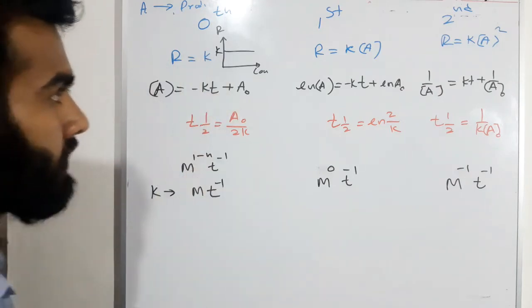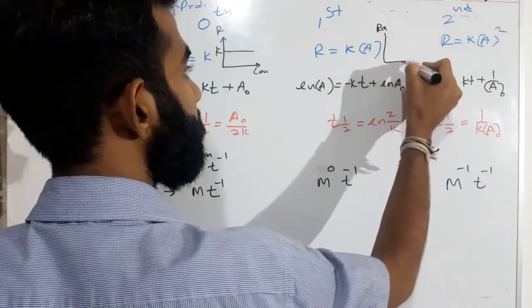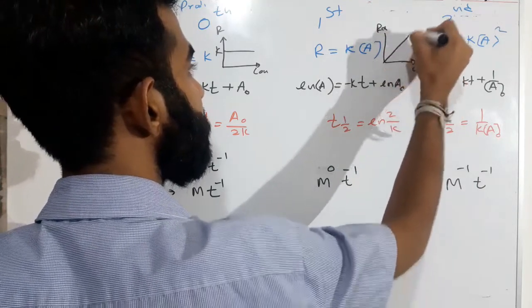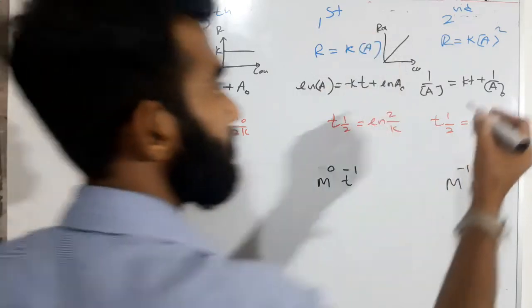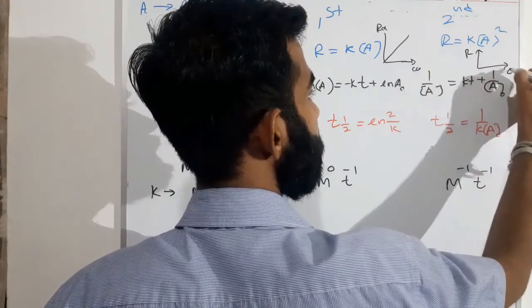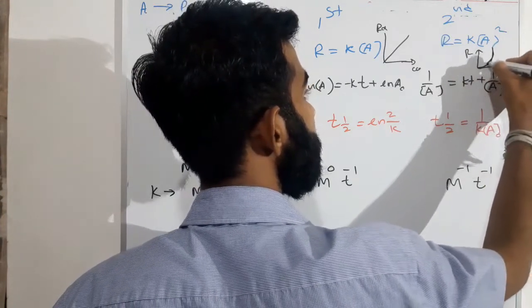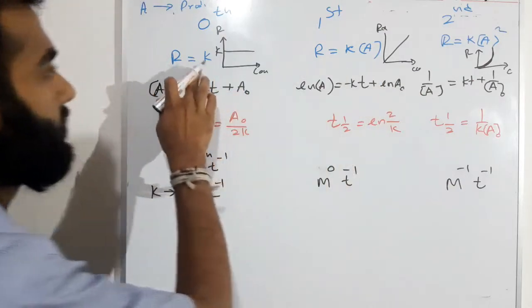In first order reactions, rate versus concentration was like this. What about the second order reactions? Rate versus concentration was like this. It increased gradually. Here it is always constant.